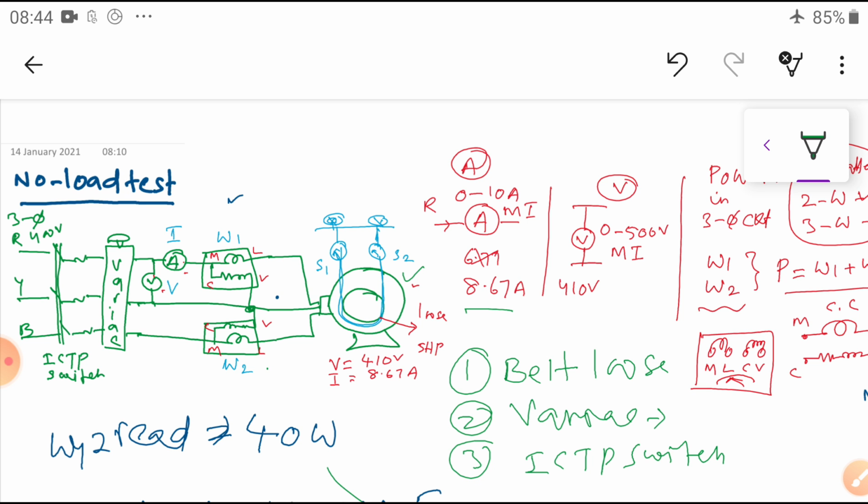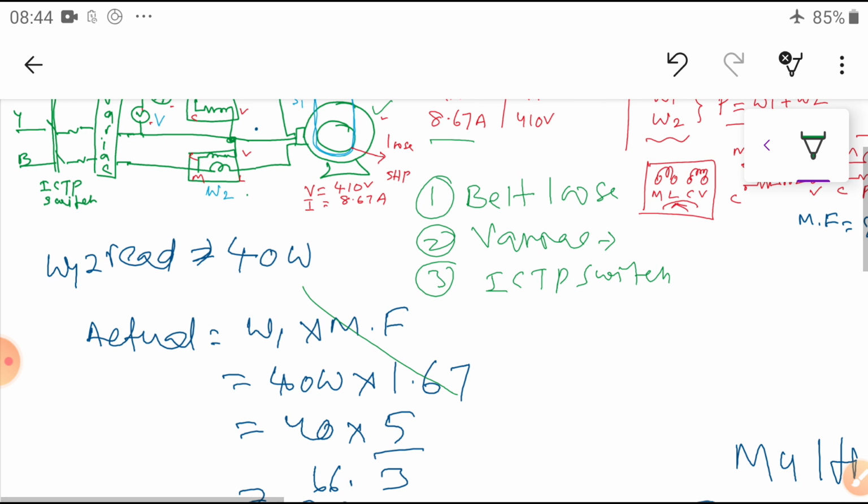Now, during the experiment, what are the precautions? The variac should be slowly raised by observing the voltmeter in case of the no load test. By observing the voltmeter, slowly increase the variac terminal.